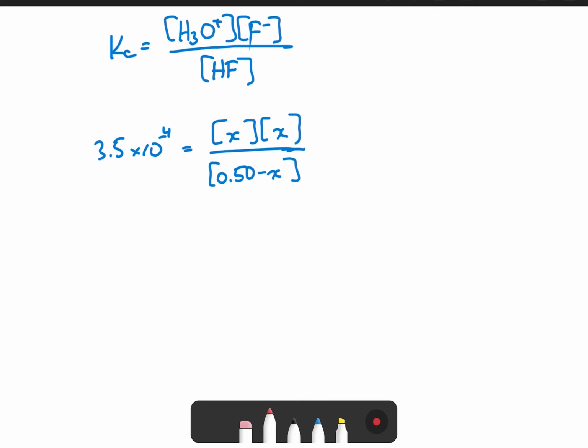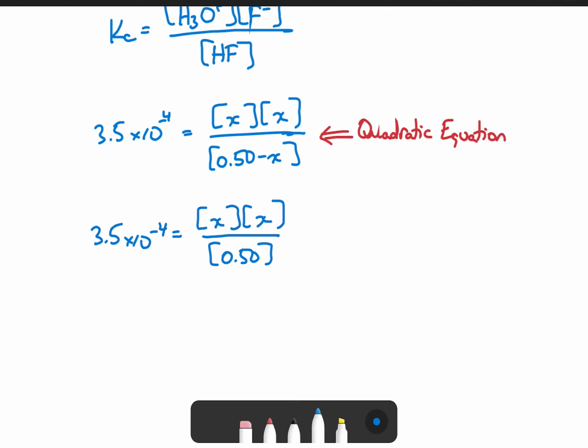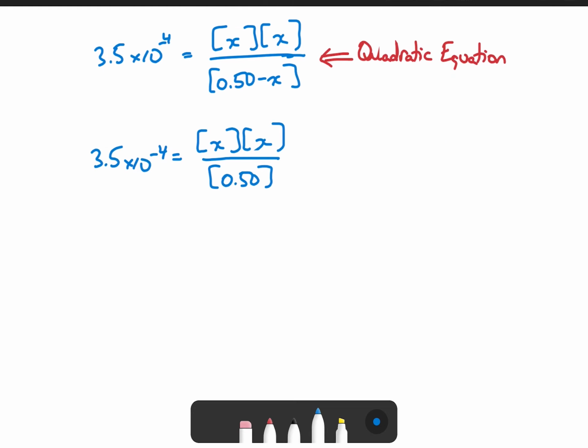Therefore, if we go back to our question here, this will simplify to this equation here. We can assume that 0.50 minus X is essentially 0.50. X is going to be negligible. Now we can solve this for X quite easily and not have to deal with a quadratic equation.